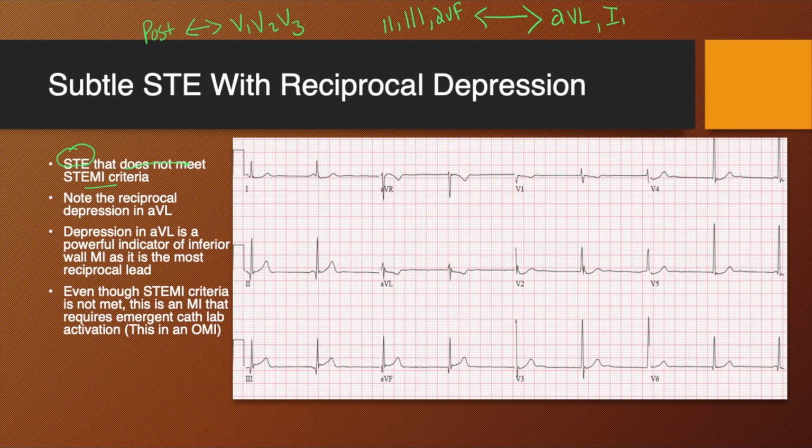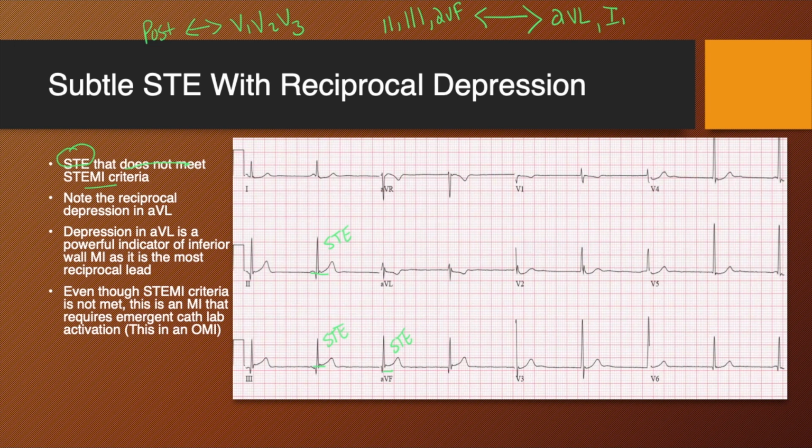So if we look at this ECG here, you notice I have some very subtle ST elevation here in lead 2. Does not meet STEMI criteria though. If you look at 3, very subtle ST elevation in lead 3, and the same here in AVF, right? So this would not meet STEMI criteria.